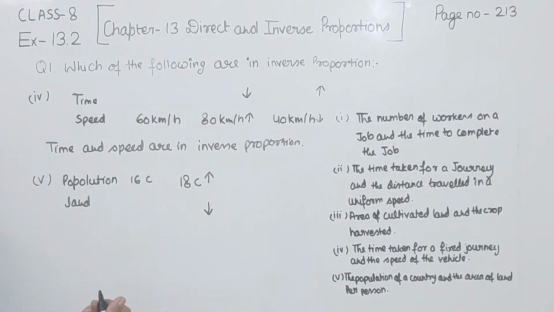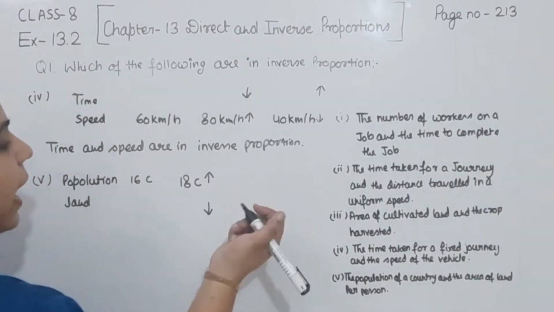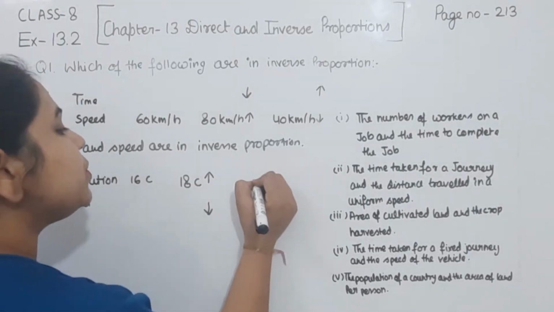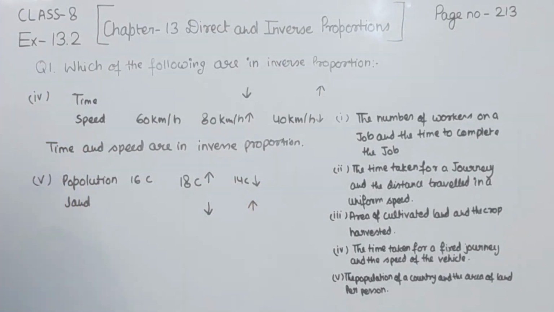We'll get less area. So if the population we are having as 16 crore and this is decreased to 14 crore, then we get the more area. So this one we are having is in the inverse proportion. If the one will increase, then the another one will decrease. So this one we are having inverse relationship.